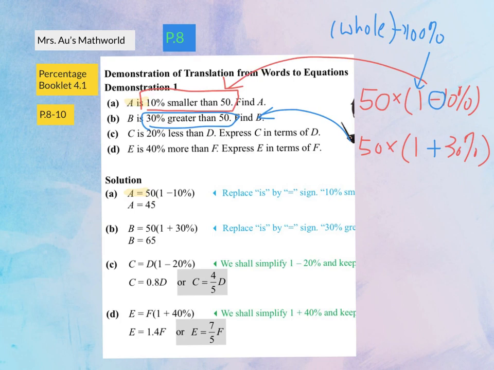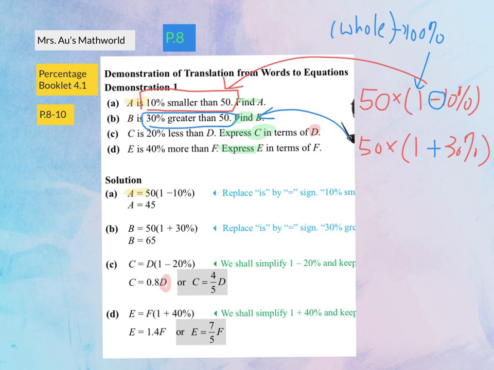Part C and D are similar, but the way of answering is more difficult because this time you are not asked to find A and find B. Actually you use a similar method, just the English looks more difficult. In part A and part B you say find. In part C and part D we also find, but we find C with the answer having some D in it. That means we get D after calculation.